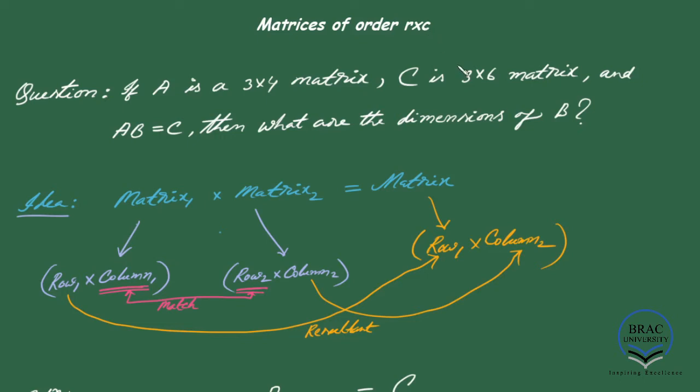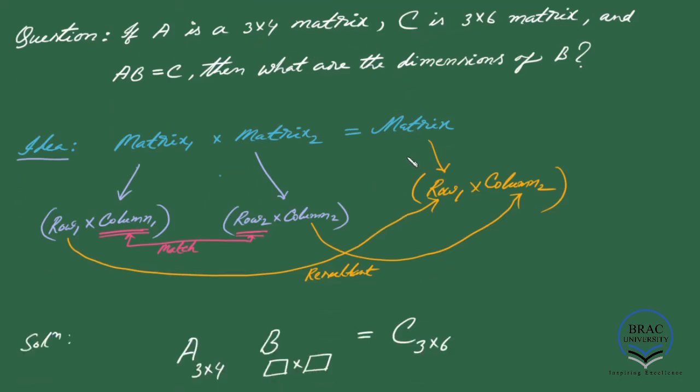So now that we understand the general notion of the dimension or order of a matrix, we can attack this problem. According to the problem statement, matrix A has dimension 3 by 4 and matrix C has dimension 3 by 6, and in the case of matrix B, we don't know what it is. I just wrote it as an empty box, and we will fill this box according to this idea.